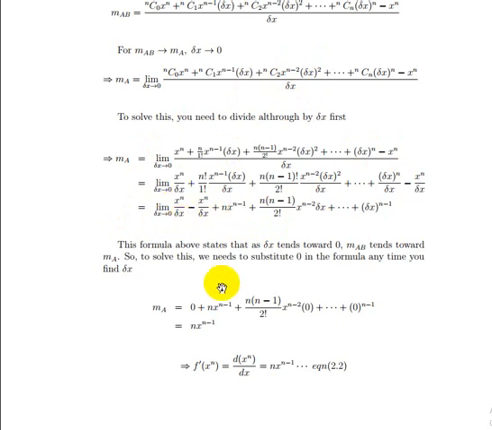When we do that, we are going to have 0 here plus n x to the n minus 1, and all this here is going to have a term dx. So 0 is going to multiply all through, and here we have dx all raised to the power n minus 1. So 0 multiplies, and you have the formula here, and this is proved. So your f prime of x to the power n is equal to d of x to the power n all over dx, which is equal to this, and we have proved the equation.